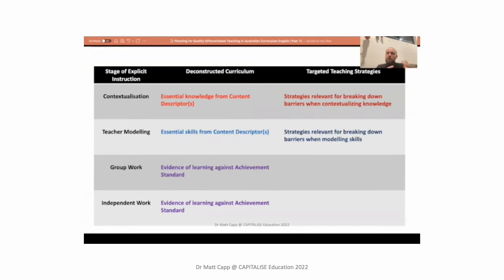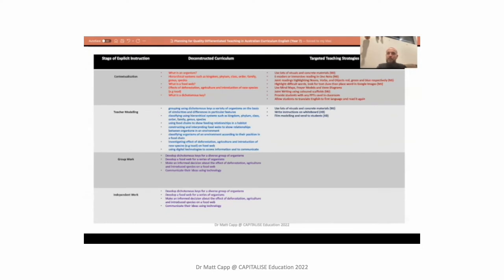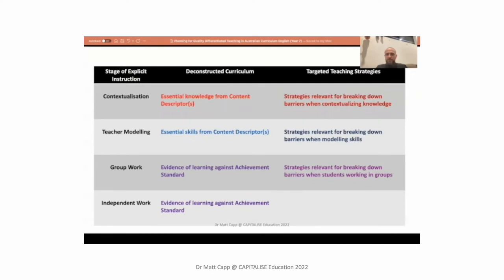We then think about when I'm modeling the skills independently, and then with the students, what are those strategies that would be useful for breaking down those barriers to the learning process? And we put them into that element of the explicit instruction model. I then think about when the students are working in groups and independently, what strategies would be useful.